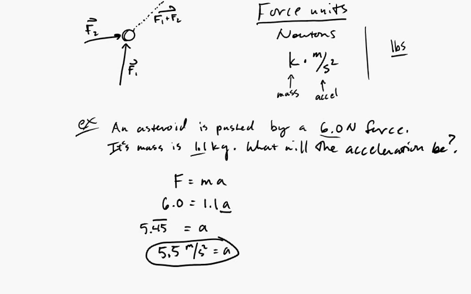Okay, so that's how you would use the second law, force equals mass times acceleration. And there's one thing to note here. I used pounds up here, but you have to be careful with Newton's force and with mass and with weight. Weight and mass are not the same.